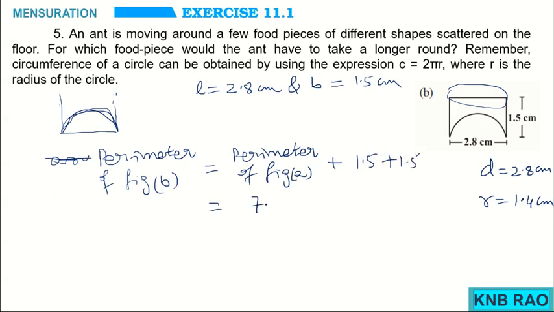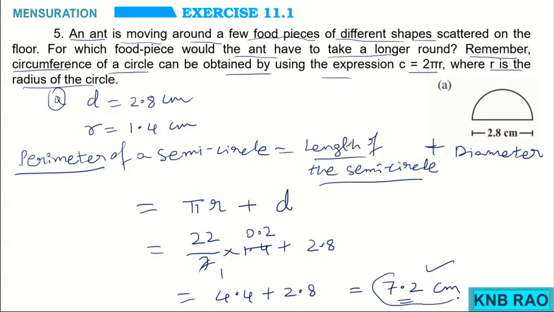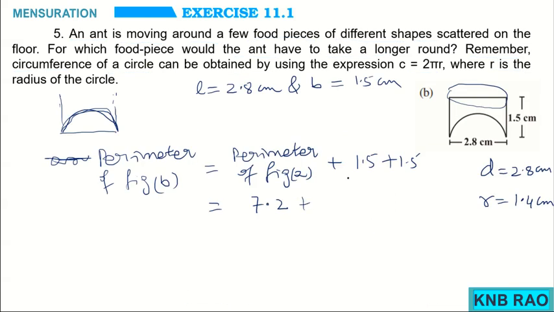So that means 7.2, which was of the previous one, figure A, is added to 1.5 plus 1.5 which is 3. That means it becomes 10.2 centimeter being the perimeter of figure B. Okay. So this is the jugaad I did in the case of figure B. Okay. Now moving on to figure C.